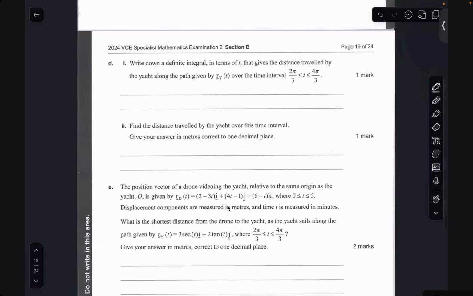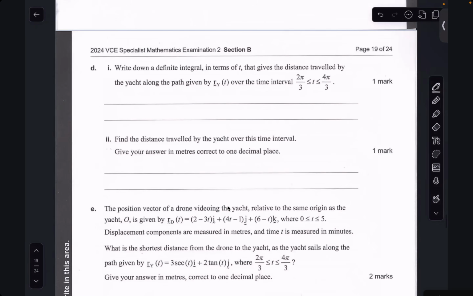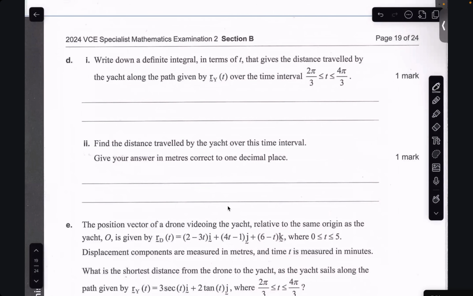Write down a definite integral that gives the distance travelled by the yacht along the path over the time interval. So the integral from 2 pi over 3 to 4 pi over 3 of the square root of dx dt squared, which is... can I just write r dot? Well, I'll just write it.